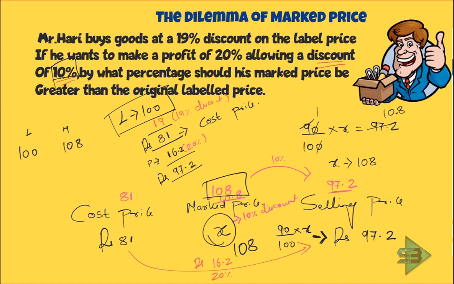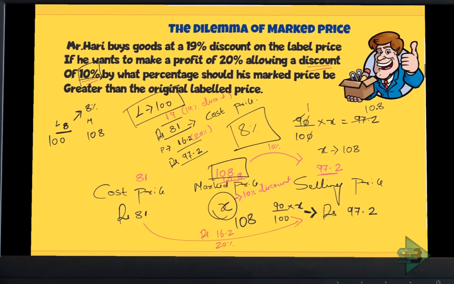So the mark price increased by 8. 8 over what? 100. 8 over 100 is what percent? 8%. So his mark price should be 8% greater than the original labeled price, so that all the conditions given in this problem will be satisfied. My final answer to this question is nothing but 8%. His mark price should be 8% greater than the original labeled price.